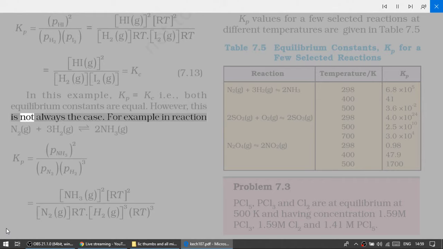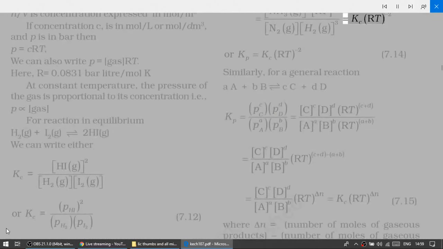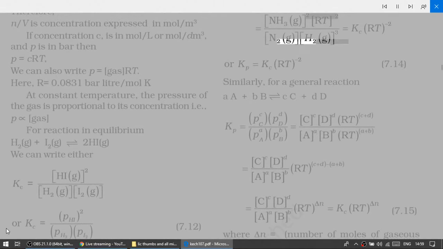However, this is not always the case. For example, in the reaction N2(g) + 3H2(g) ⇌ 2NH3(g), Kp = (p_NH3)² / (p_N2 × p_H2³), which gives Kp = Kc(RT)^Δn (7.14).